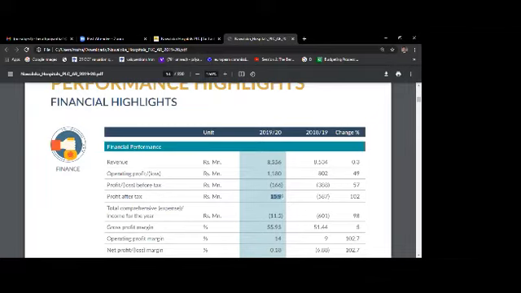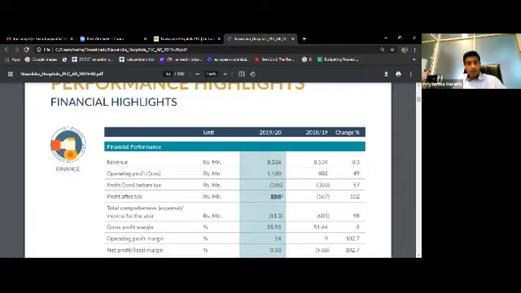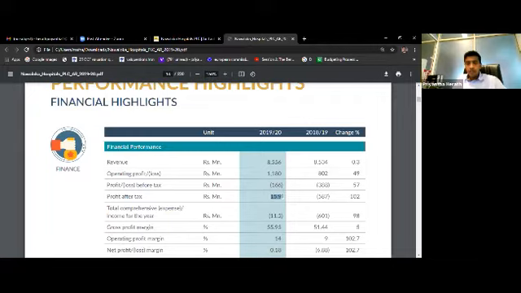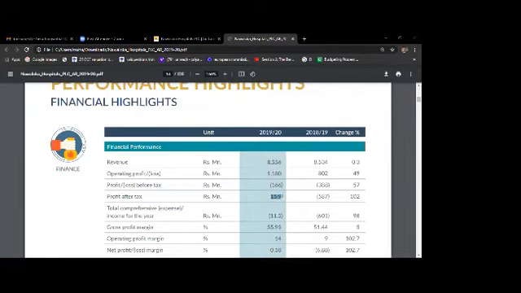This is a profit, 15.9 million profit, right? And last year a loss of 587 million. Last year 587 million loss, right?